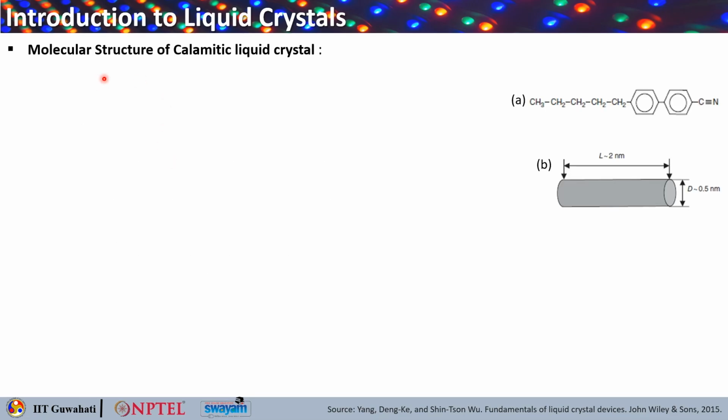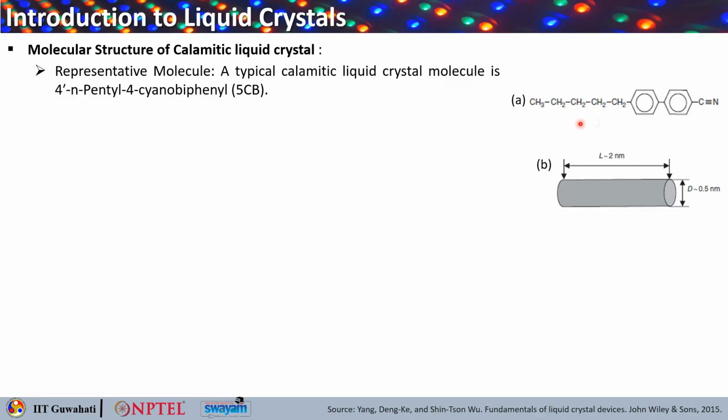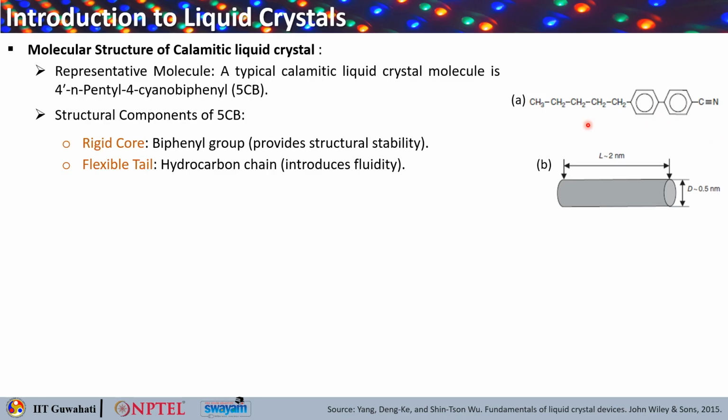If you look at the molecular structure of the calamitic liquid crystal, the representative molecule here is 4'-n-pentyl-4-cyanobiphenyl. You can use a short form like 5CB in this case. If you look into the structural components, you see a rigid core, that is the biphenyl group.